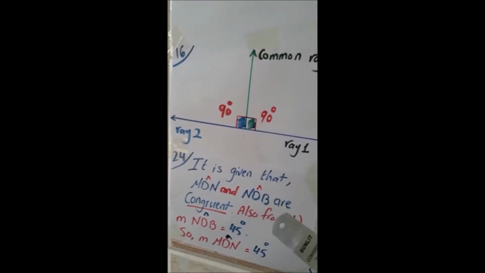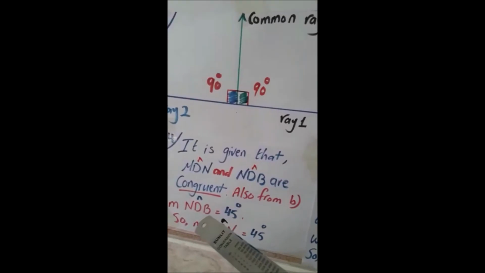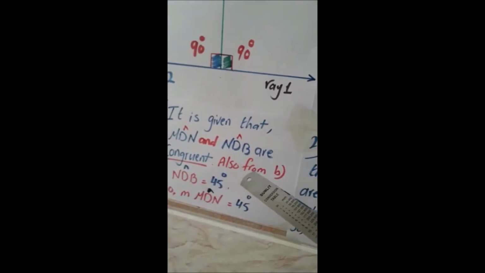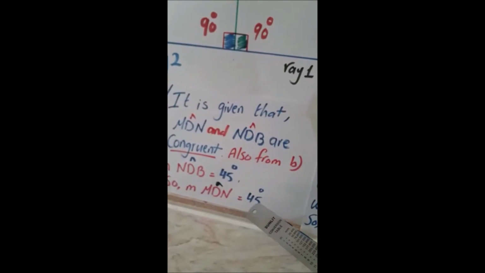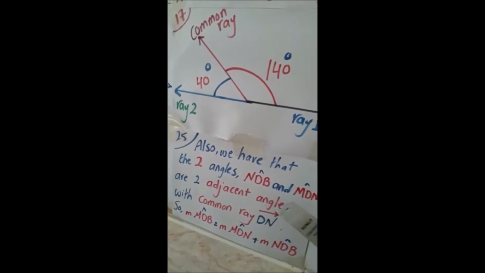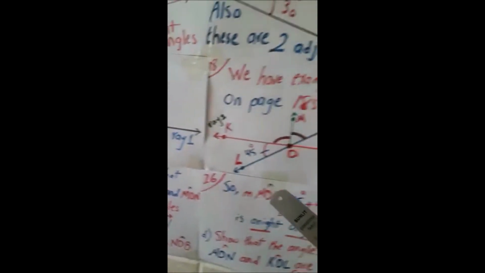He said it's given that MDN and NDB are congruent. Yes. From B, we know already that the measure of angle NDB is 45. And since they are congruent, MDN is 45. So we have that the two angles NDB and MDN are two adjacent angles with the common ray DN. I will show it to you.